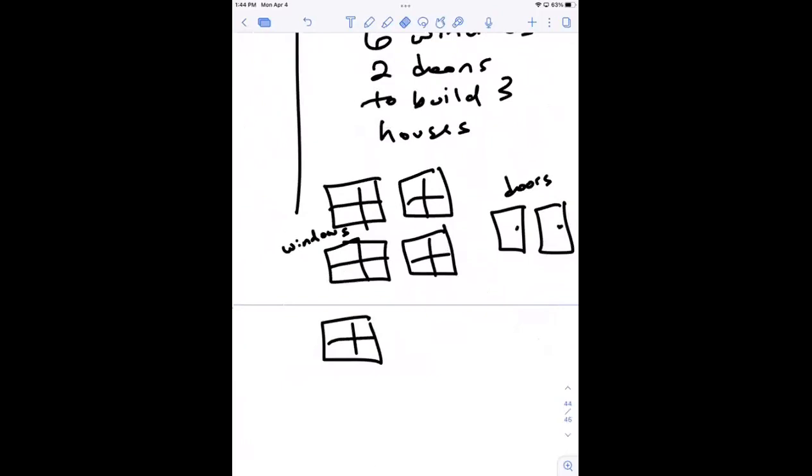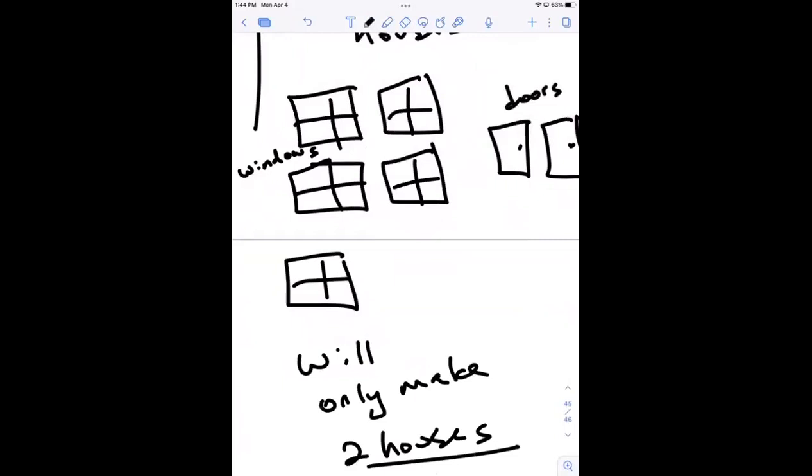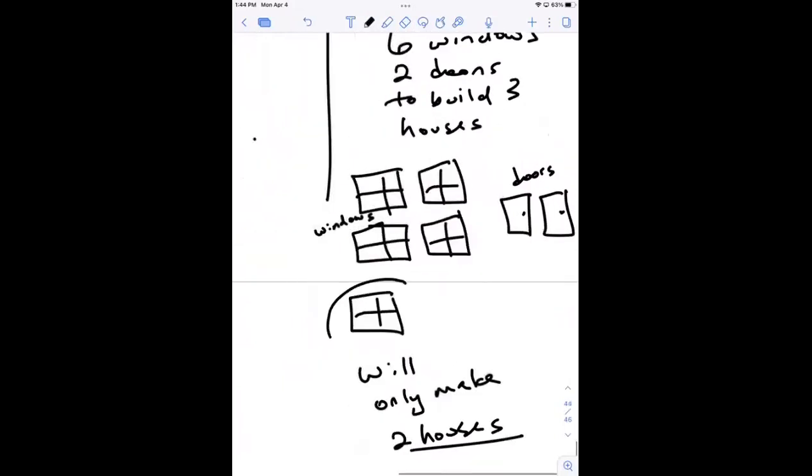You could build how many houses now? You could still only build 2 houses, right? How many windows do I have left? So this will only be able to construct only 2 houses with 1 window left over.